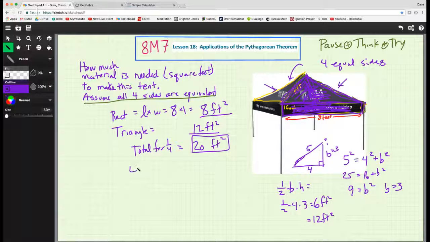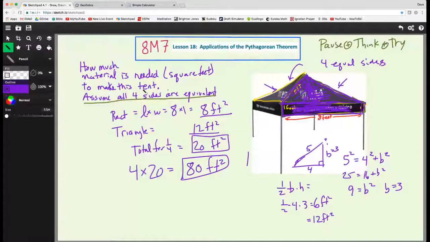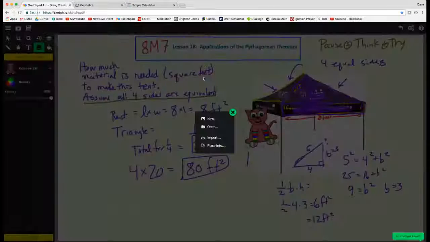So our total is 4 times 20 equals 80 square feet. We need 80 square feet of material to cover this whole pop-up tent. So good. We are moving along. Hopefully you got that one. You know what? In case you got that one, we'll put a happy cat down for you. Well done.